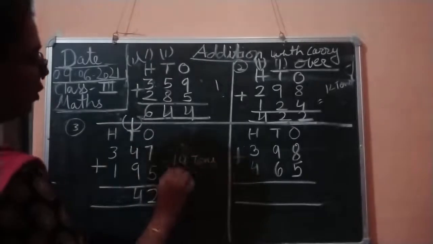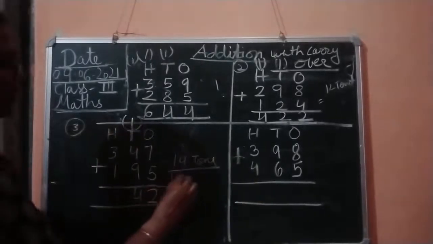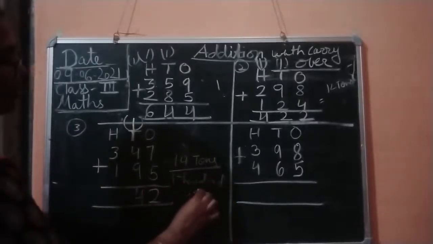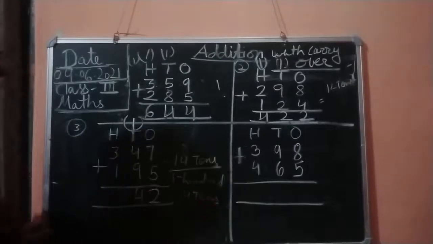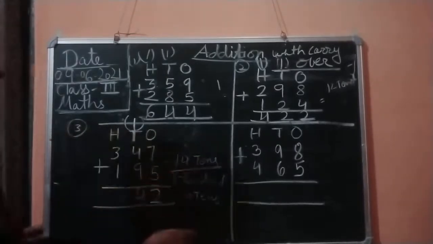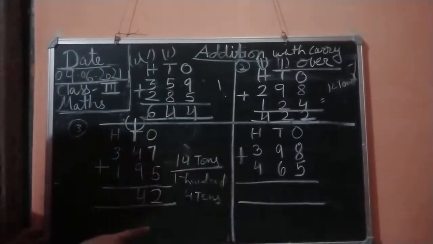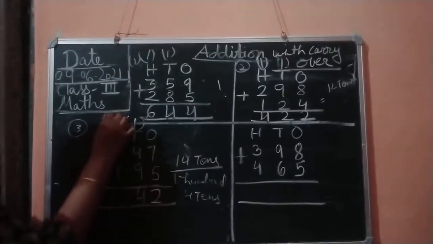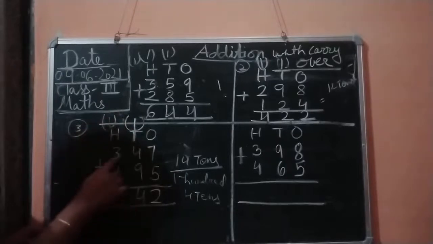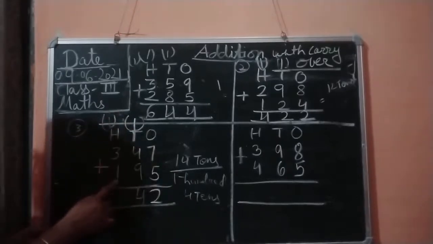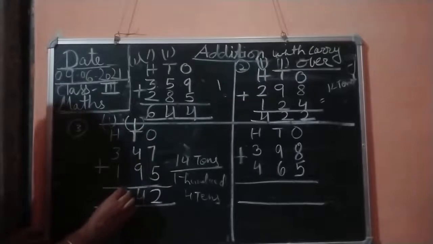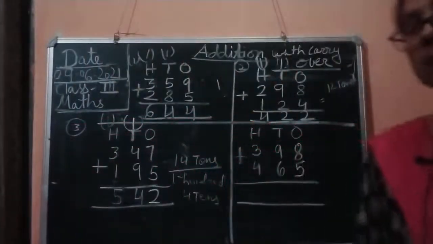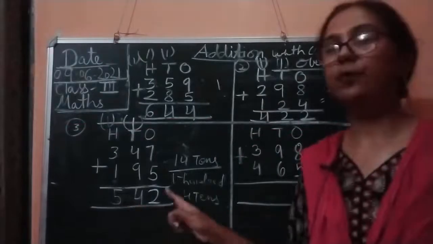The answer is 14 tens. So this is 100 and 4 tens. Okay, 100 and 4 tens, 14 tens. So here we will write 4, we will shift 1 over here. 3 plus 1 is 4, plus 1 is 5. Okay, so the sum of this example is 542.